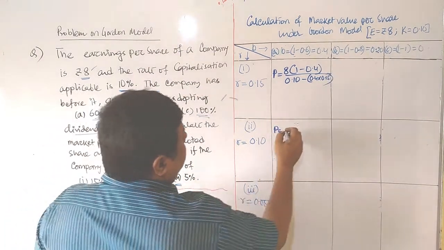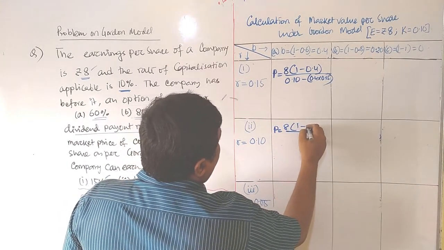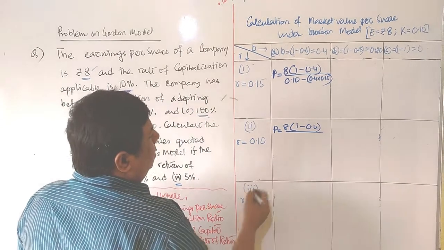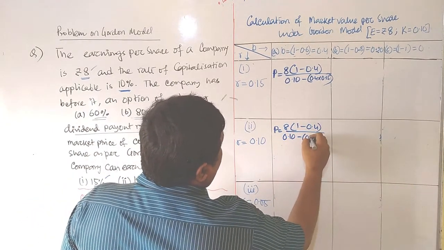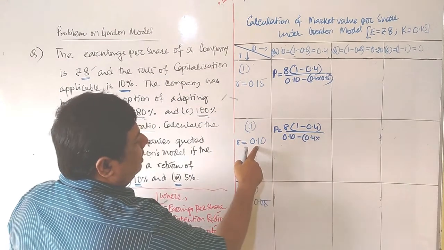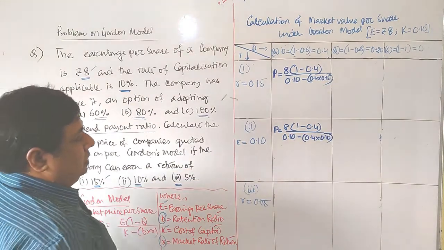Second row and first column, P equals, our numerator remains the same, 8(1 minus 0.4), whole divided by K, 0.10 minus BR. B is 0.4 and R is 0.10. Only R we have to change.